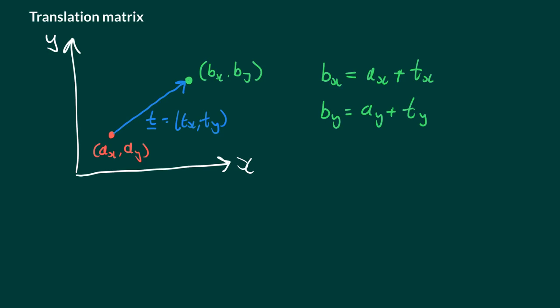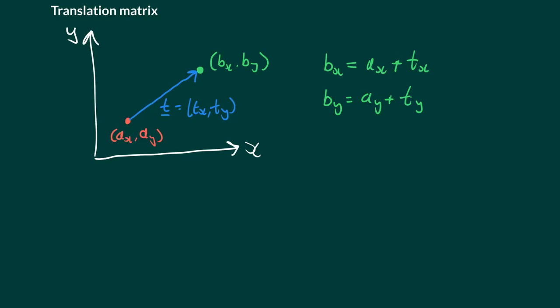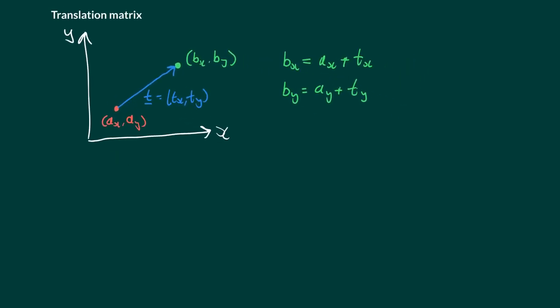So if we have our ax and ay coordinates written as homogeneous coordinates, I'm going to write them as a column vector here. So I've got my ax, my ay, and my third element I'm going to have as 1.